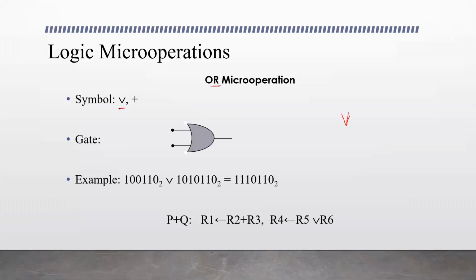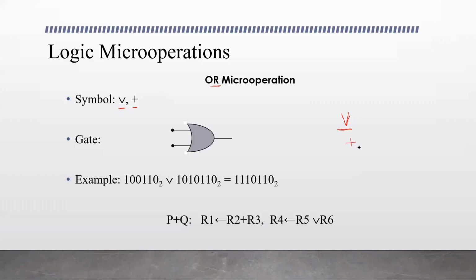And you should not confuse it with this plus. Generally in microoperations, plus represents addition. We will never use plus to represent OR when we write microoperations. We use only this symbol to represent the OR operation.